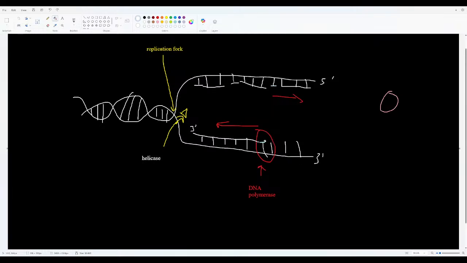However, there is a bit of a problem, as you may see. There are little tiny gaps that are created here, and those gaps need to be filled in. And by the way, there's something that I need to mention, right? These so-called fragments are known as Okazaki fragments.